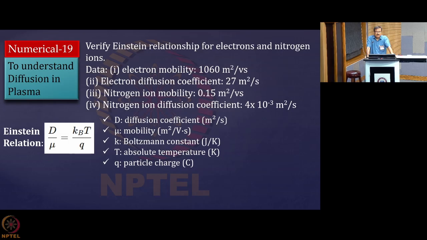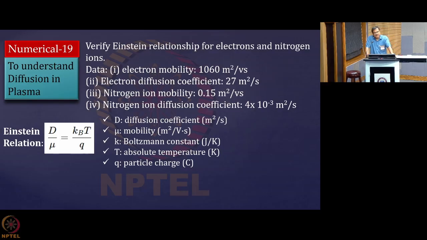You can see almost a 4 order of magnitude difference. Regarding the ion diffusion coefficient and electron diffusion coefficient, one is 27 and one is of the order of 10 to the power minus 3. Again, a 4 orders of magnitude difference is there.